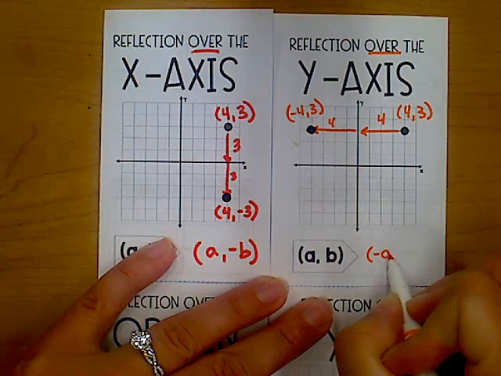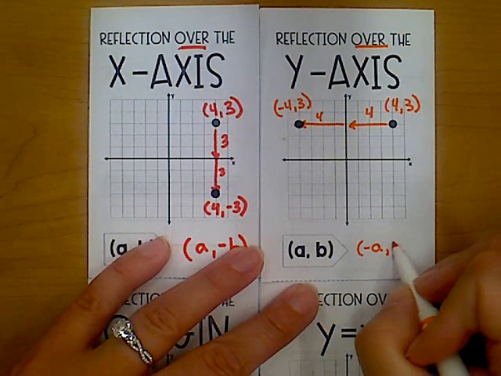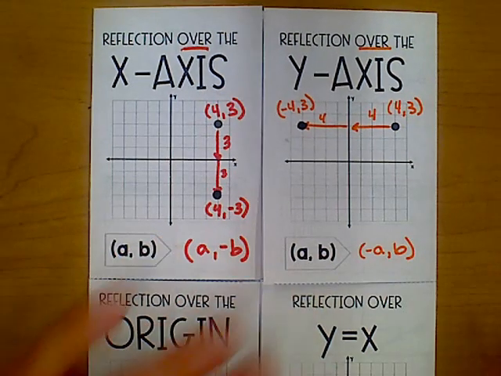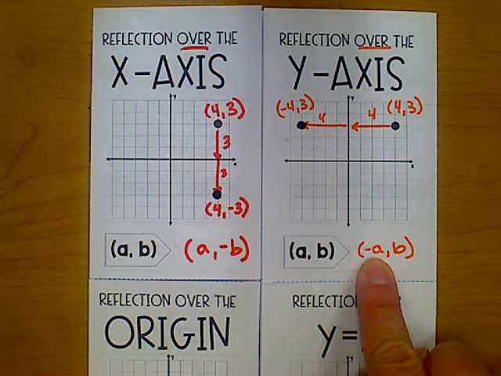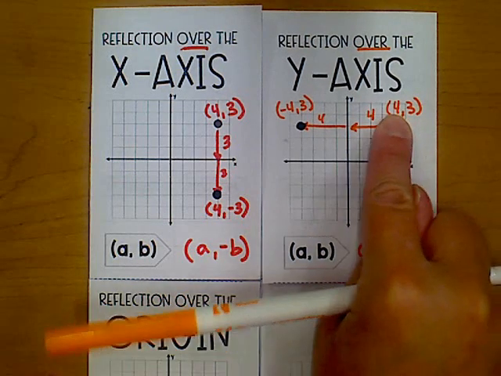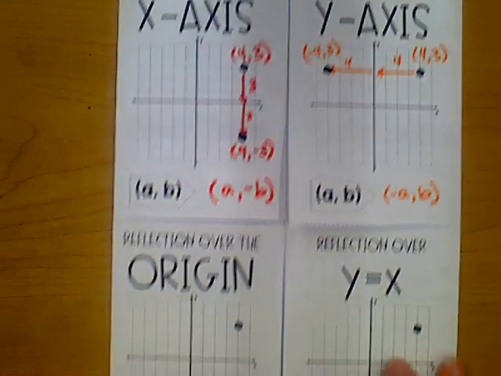So it becomes the opposite of A, not, oops, I said that wrong, it's hard to catch yourself on saying that sometimes. It's about the opposite of A, or the opposite of your x-coordinate, and then that y-coordinate stayed the same.